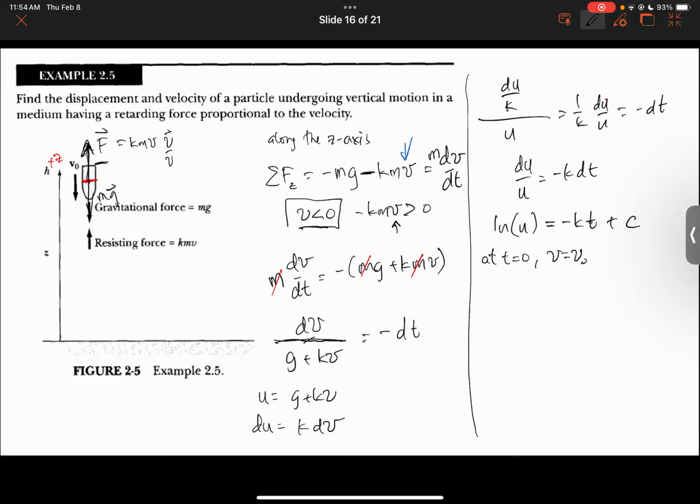So ln ng g plus kv is equal to minus kt plus c. So at t equals 0, v is equal to v naught. So c ay equal sa ln ng g plus k v naught.